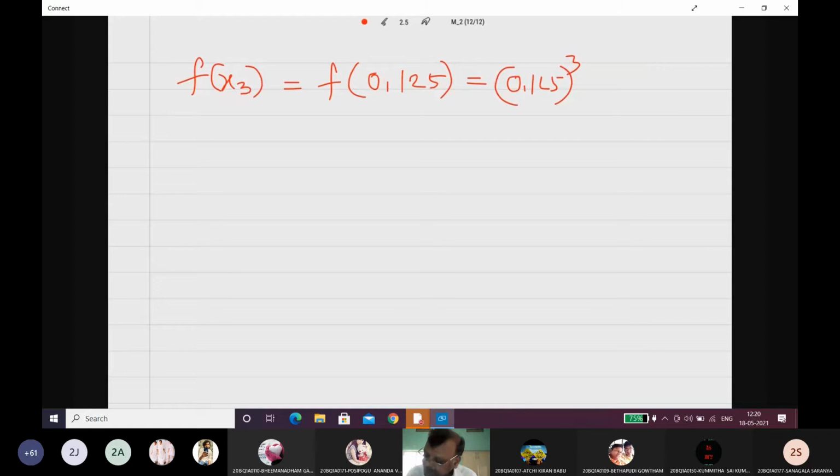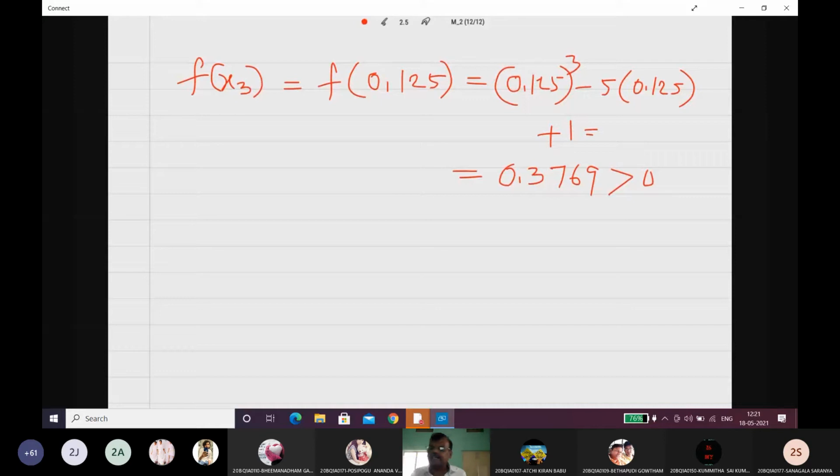Whole cubed minus 5 into 0.125 plus 1. ఎంత వస్తుంది చెప్పండి అమ్మా? 0.3750. మైనస్ ప్లస్ అమ్మా? Plus, sir. 0.3769 ప్లస్ వచ్చింది.